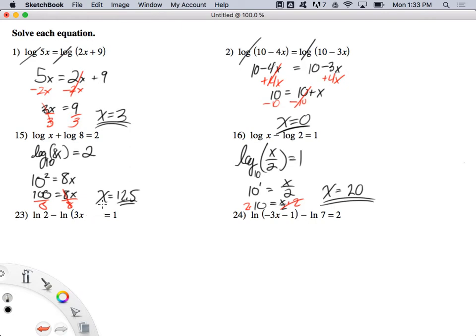Guys, for this one, number 23, I just want to make it a little bit easier. Are you guys good on these? I'm going to delete them.